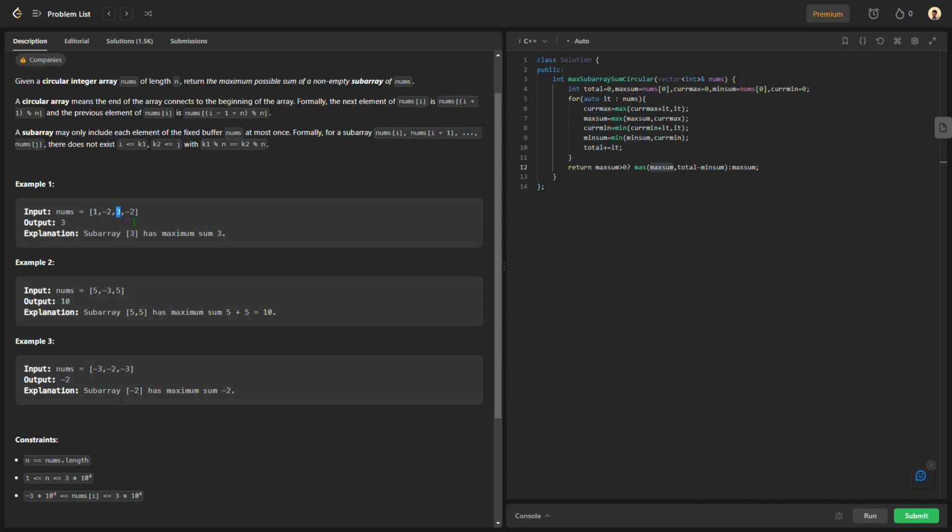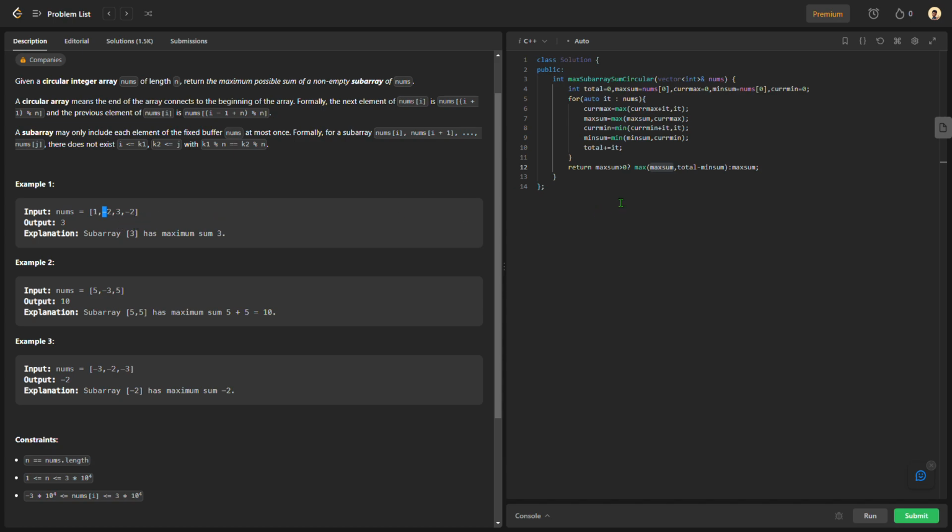We can see in this example that if 3 is the maximum sum circular subarray, then I know for sure that if I just subtract minus 2, 1 and minus 2 from the sum of the whole subarray, then I would get 3 as my maximum, because this minus 2, this 1 and this minus 2 lead me to the minimum sum circular subarray.